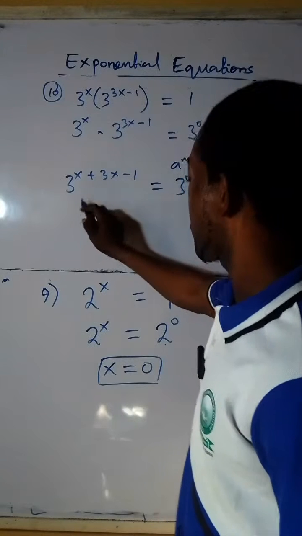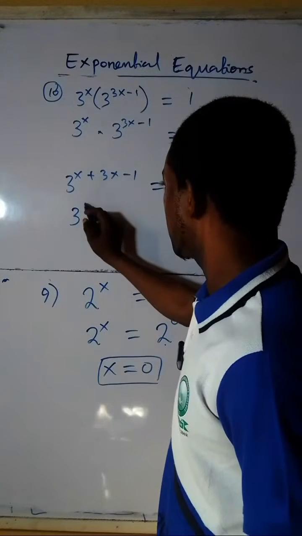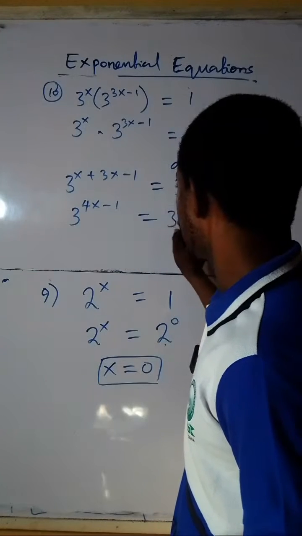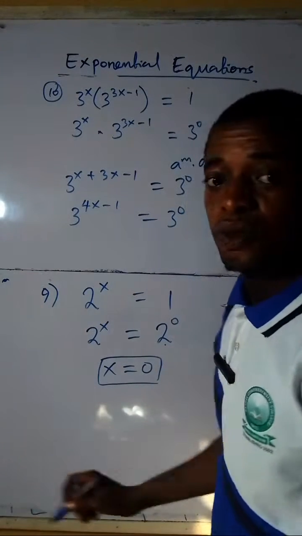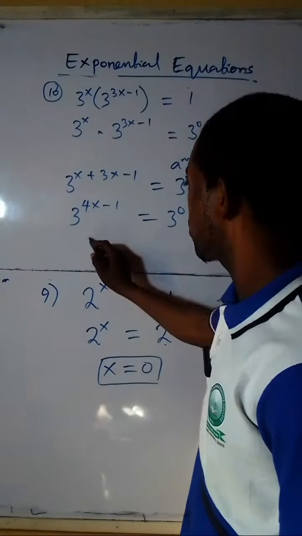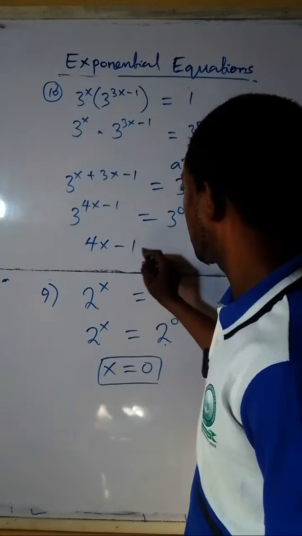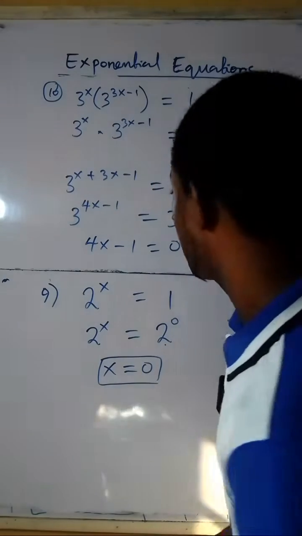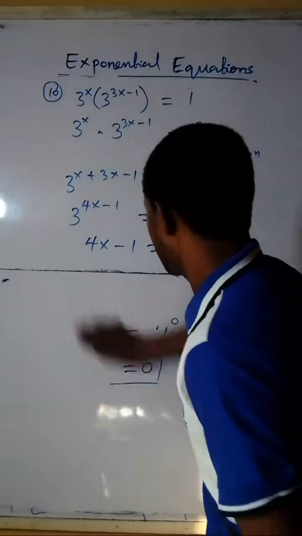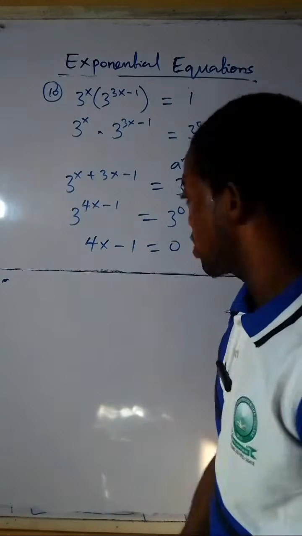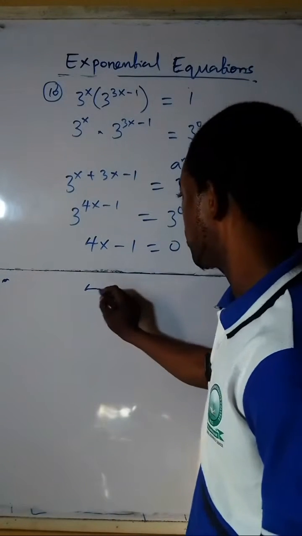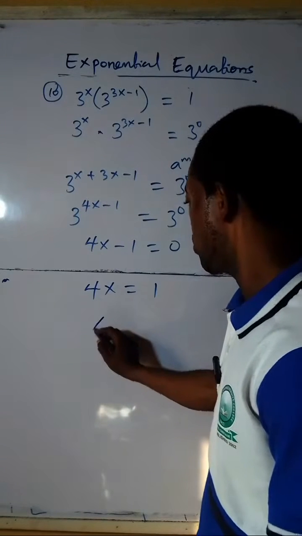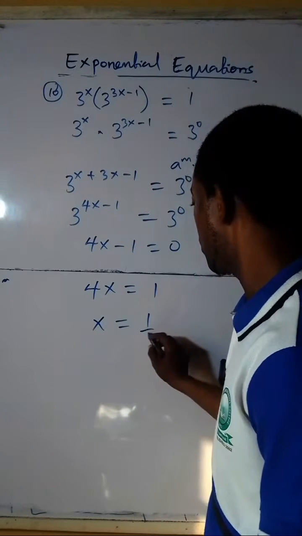And we can write this as 3 raised to power x plus 3x, that's 4x minus 1, equals 3 raised to power 0. Now, the bases are equal. We can equate the power and we have 4x minus 1 equals 0. Then separate minus 1 to the right hand side. Minus 1 will become plus. So we have 4x equals 1. To get x here, divide both sides by 4. We have x equals 1 over 4.